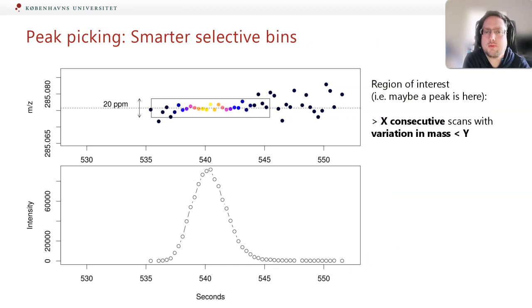And that is the problem of binning. Remember that we cut the data into mass slices to get chromatograms? That is called binning because we create bins of mass intervals. The problem with that is that if we are unlucky, we end up just like in the example where a peak was cut in pieces because some of the measured masses fell into one bin and others fell into another bin.